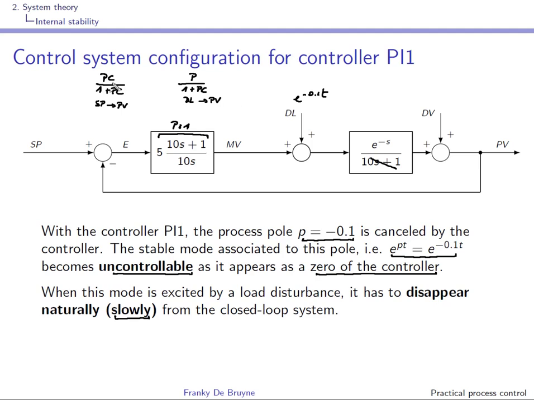And why is this? Well, here you have only the loop gain that is appearing in this transfer function. Here you have the loop gain, but you have the process itself. So in the denominator of this transfer function, you'll keep this factor, okay? So this slow pole will be kept in this transfer function.